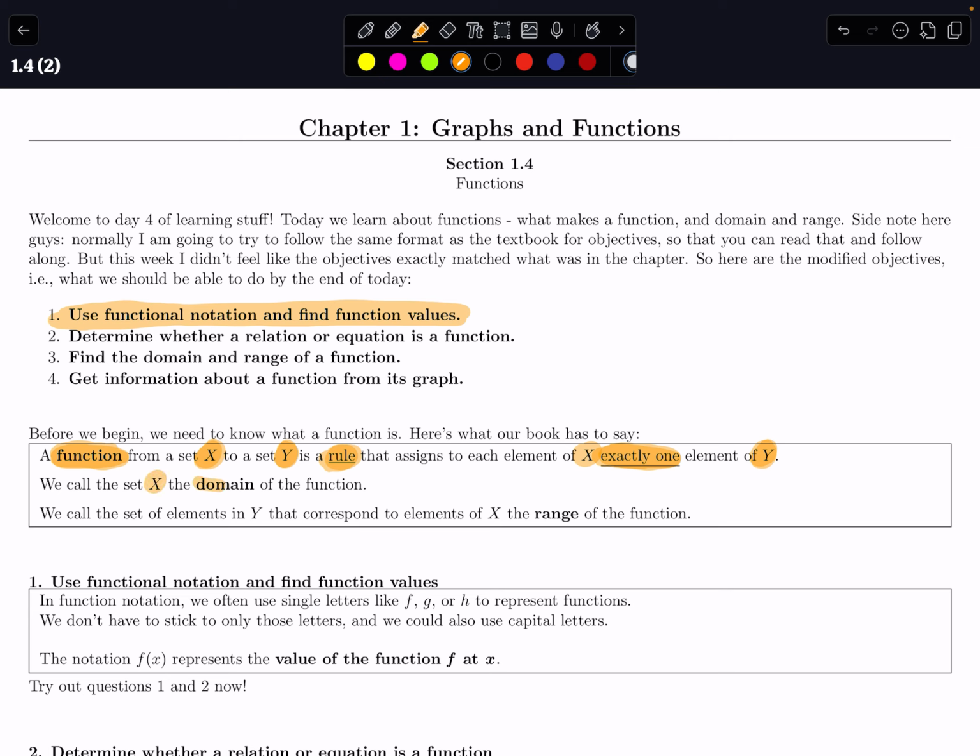So we call the set X the domain of the function, and then we call the set Y the range of that function. So the set Y corresponds to all the elements of X. That means the function takes you from X to Y, right? And in order to be in the range, there has to be an X that gives you the Y that you want, the thing that's inside of that set.